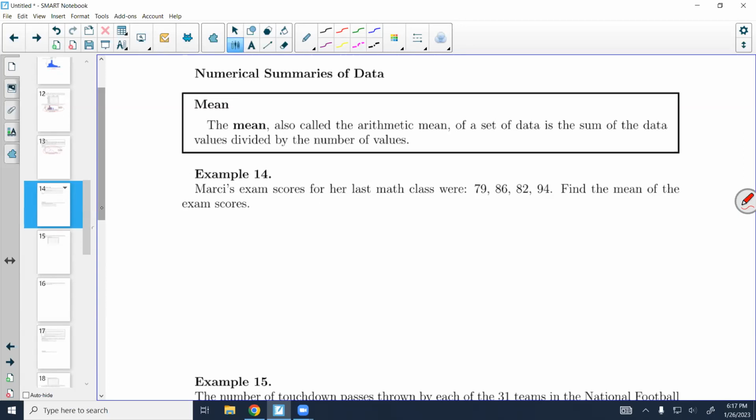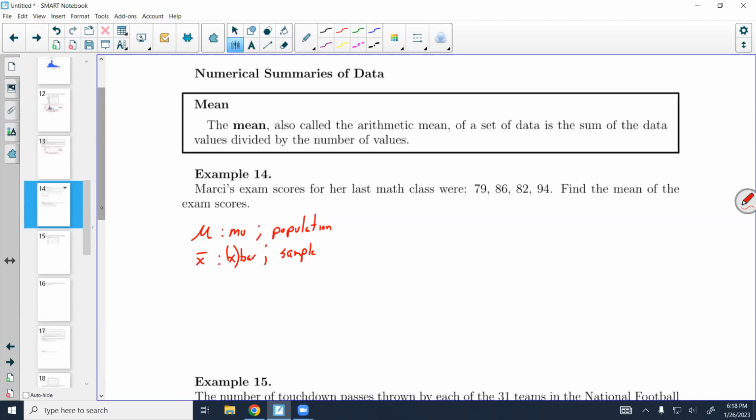The mean is the average. So in formula, the mean is referred to as mu if we're using a population, and it's referred to as X with a bar over it, or X bar, if it's a sample.